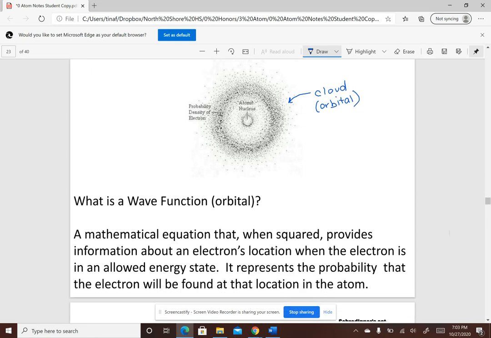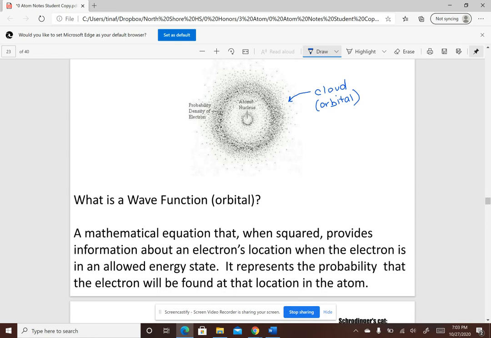So another way of saying the word orbital is a wave function. I just don't want you guys to get confused with terminology. So when you hear the word wave function, it's a mathematical equation, and it tells you about the electron's location and its energy state. It gives you a probability of where you might find an electron.